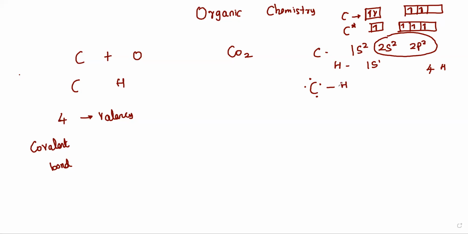One hydrogen comes and shares its one electron, and another hydrogen shares another electron. So I put it like this. This is hydrogen, this is another hydrogen, this is another hydrogen. This is how carbon makes 4 bonds with other atoms.